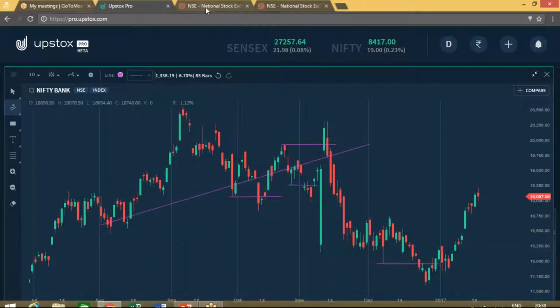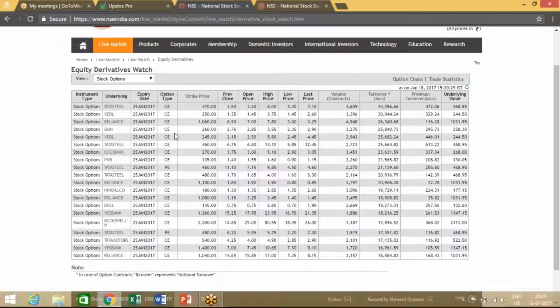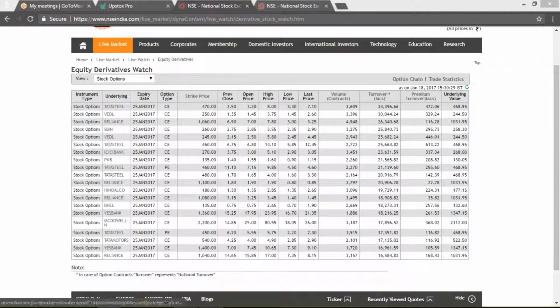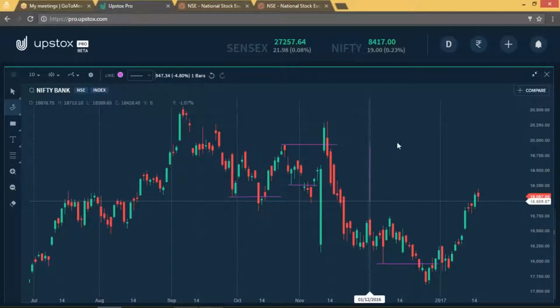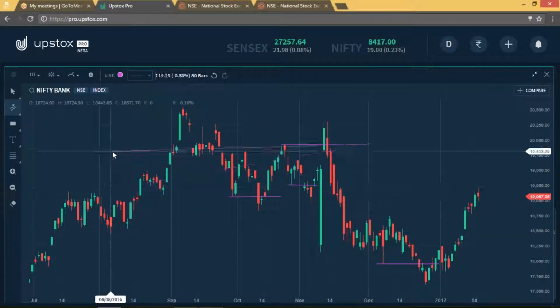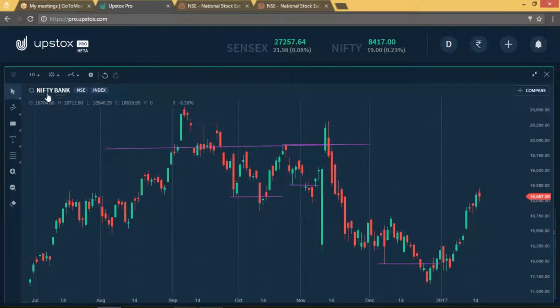Okay. All right. So let's look at other stocks. What are the other volatile ones? Tata Steel we've done. VDL we take a look. Okay, let's check Reliance. We have some time so we can check. I'll stop drawing these lines.